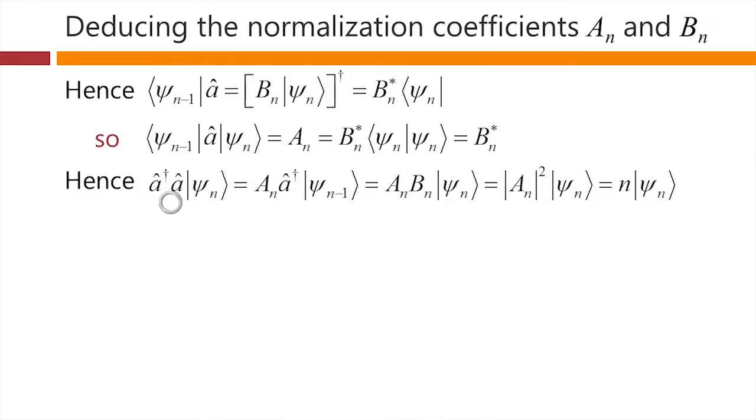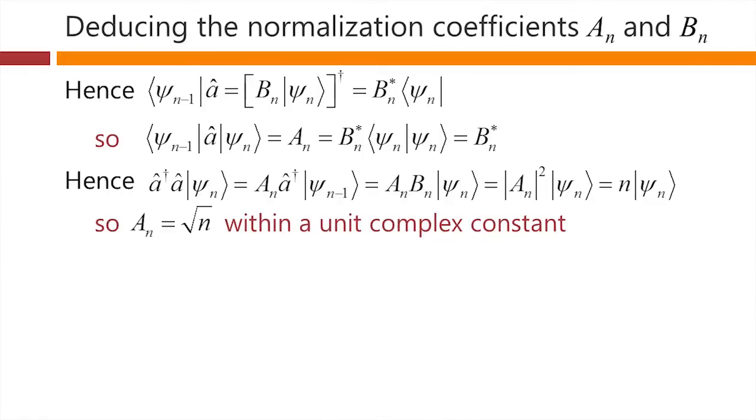So A dagger A operating on psi n gives us mod squared an times psi n. But we know from the number operator relation that this is just n times psi n. So therefore, the modulus squared of an is just n, the state number. And so an is therefore the square root of little n within a unit complex constant, and we make the choice that that unit complex constant is +1.